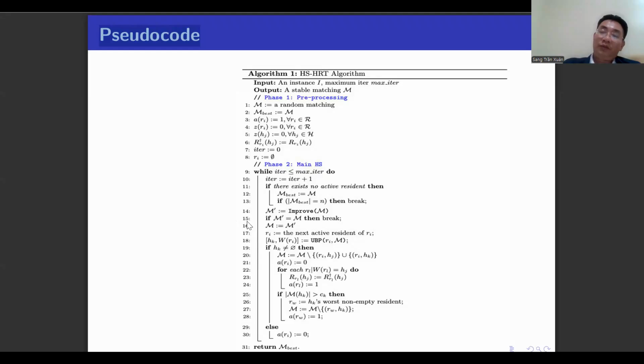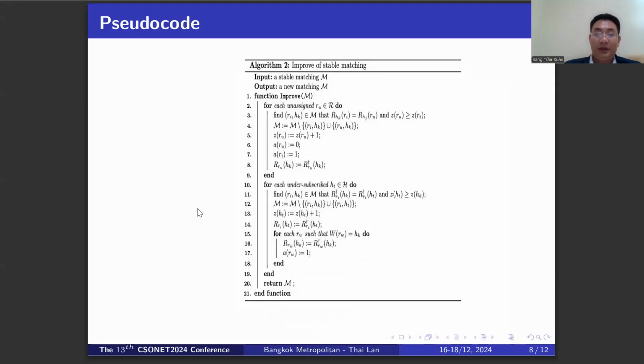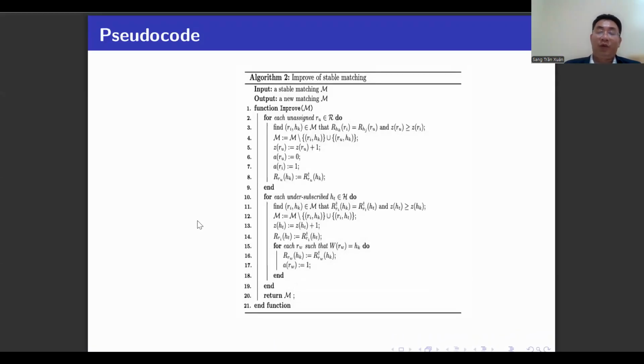In this algorithm, we use a function named improve matching. Here is the pseudocode for improve matching, which was proposed based on two main ideas: reducing the average execution time and maximizing the number of residents assigned to hospitals.